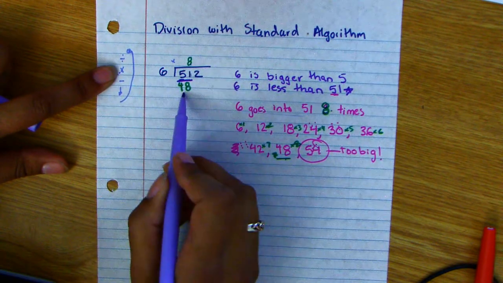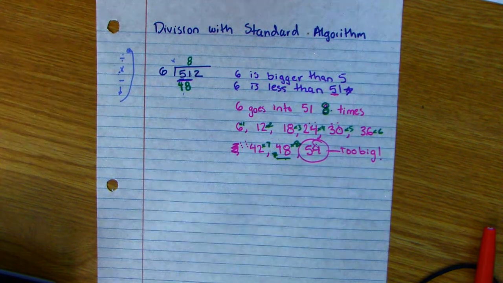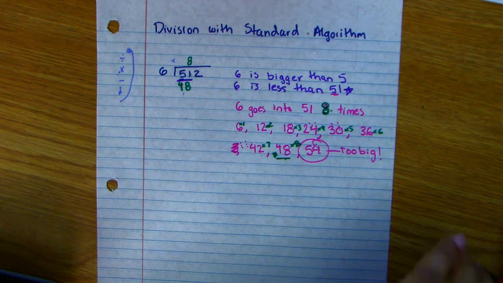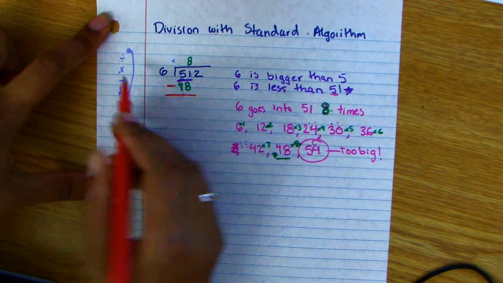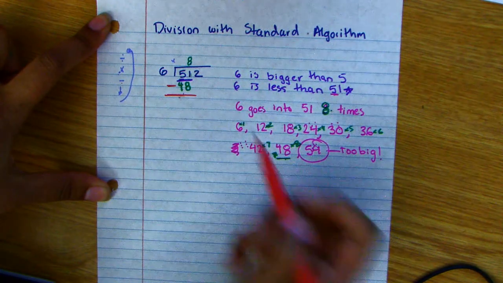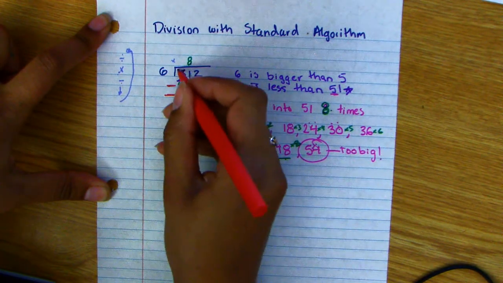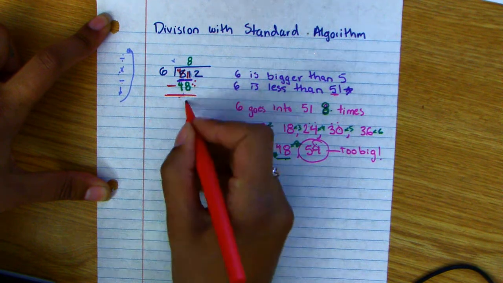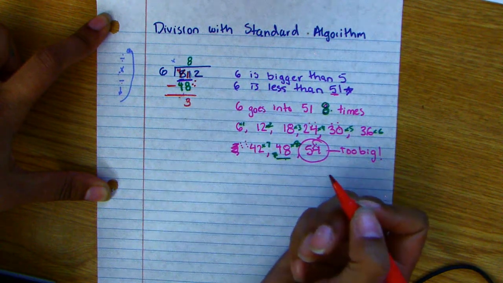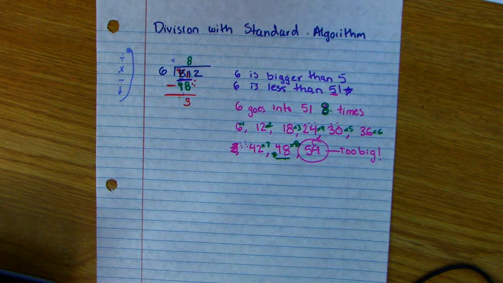So as I said, we're on our subtraction. I like to count up. So 48, 49, 50, 51. So 51 minus 48 would be 3.